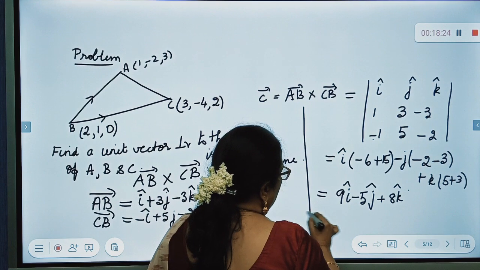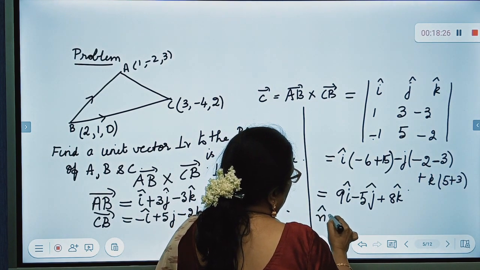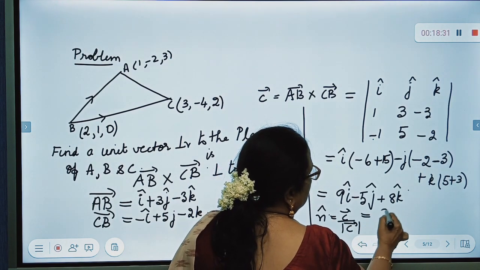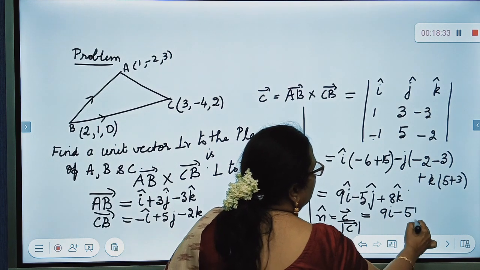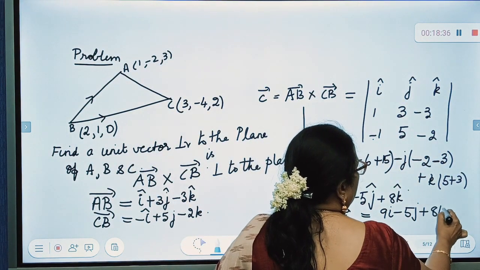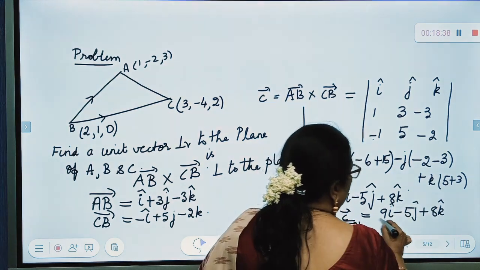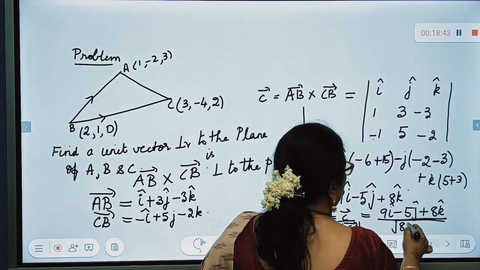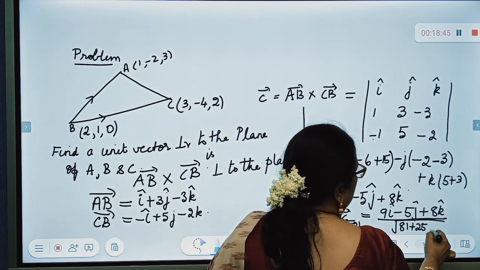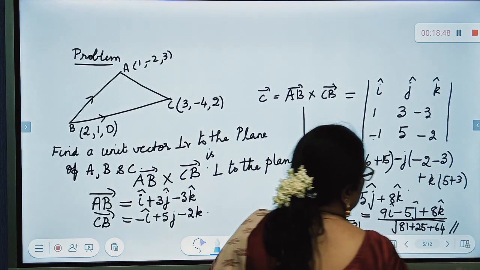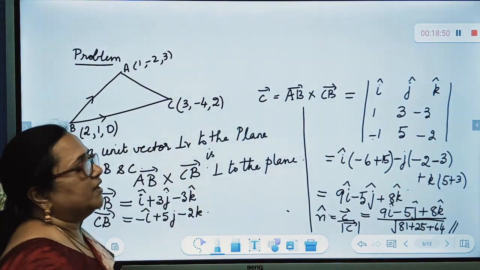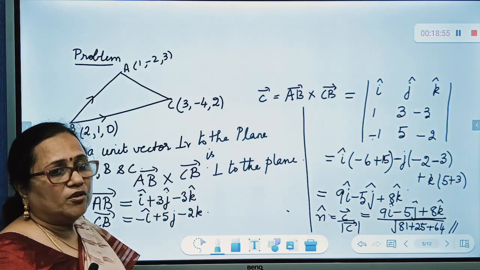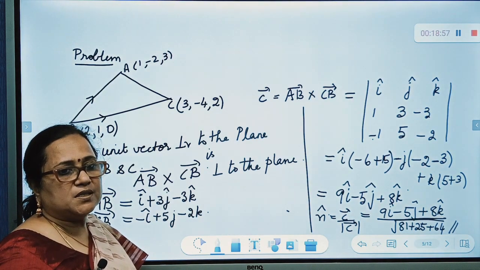Now n vector will be C vector by modulus of C vector, which is 9i minus 5j plus 8k divided by square root of 81 plus 25 plus 64. I am sure you can simplify this. Is it clear? How to find a vector perpendicular to the plane of A, B and C?